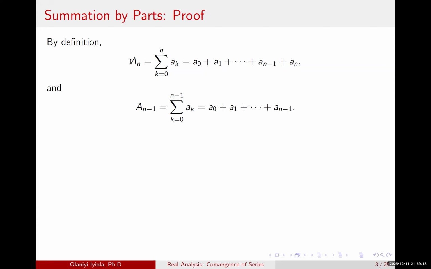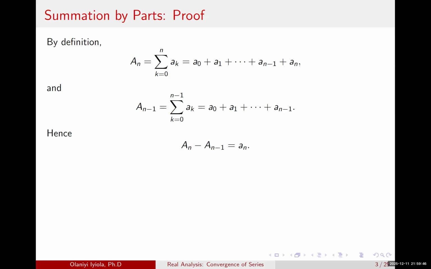Now, obviously, when I subtract A_{n-1} from A_n, you will realize that the terms will cancel out. So a_0 cancels out, a_1 cancels out, all the way up to the term a_{n-1}, which means that A_n minus A_{n-1} is just the small a_n.